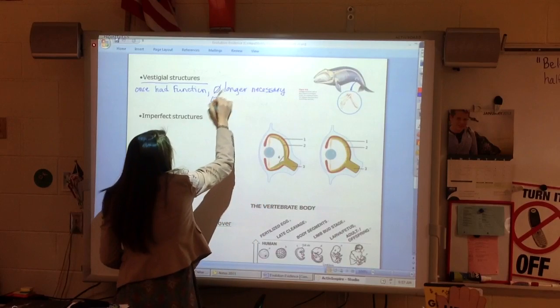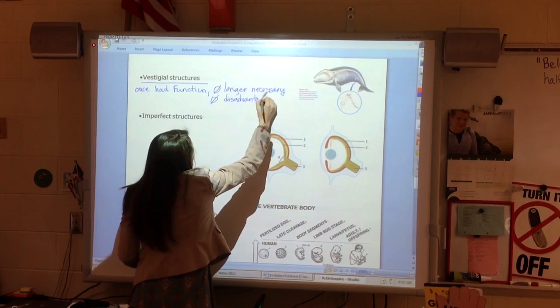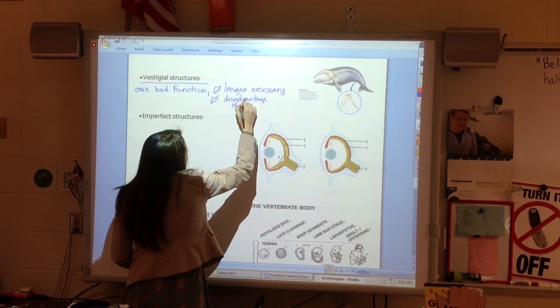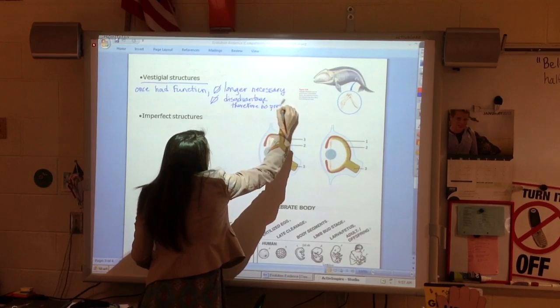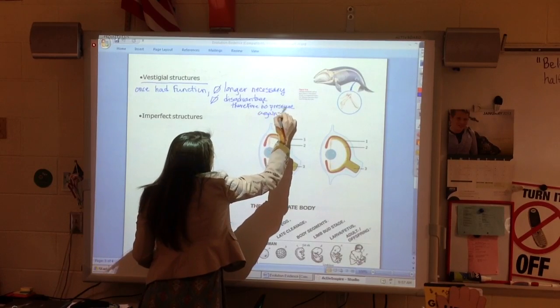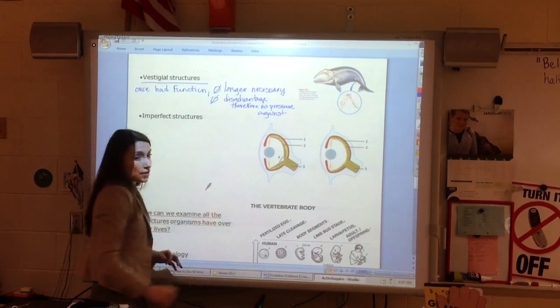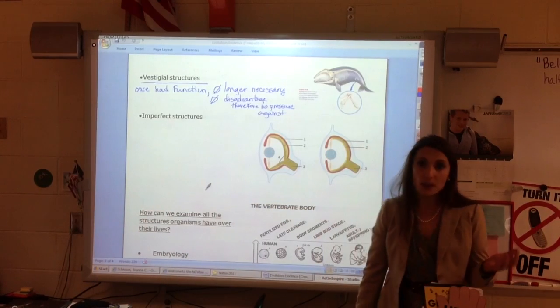But there is also no disadvantage, and therefore no pressure against that structure. So we can talk about things like wisdom teeth in humans. We can talk about the appendix.